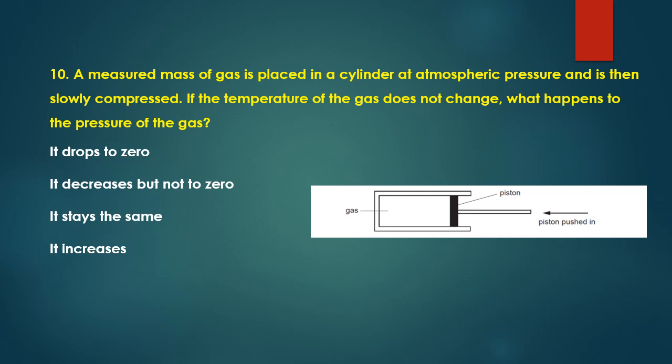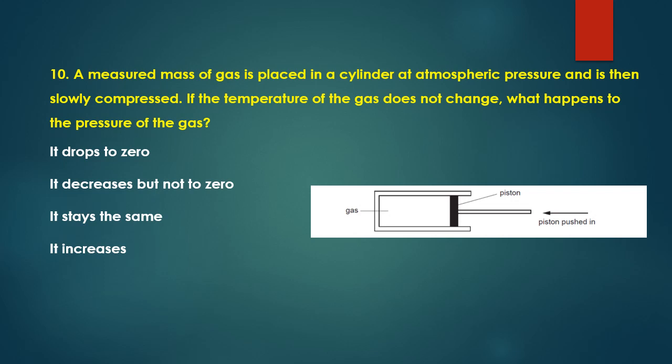The other key word in the question is that the temperature of the gas is kept constant. It does not change. So all these things should be ringing a bell. Where have you heard this? Which law is this talking about? Yes, it is Boyle's law, which tells us that if the temperature is kept constant and if the mass is constant, what is the relation between pressure and volume? They are inversely proportional to each other.